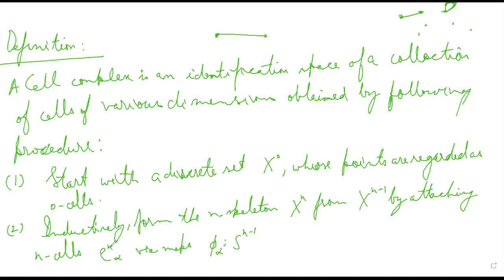The boundary of these n cells will be an n minus 1 dimensional sphere. If you take a closed n ball, its boundary will be the n minus 1 dimensional sphere Sn minus 1. So you map the boundary to Xn minus 1, that is, Sn minus 1 to Xn minus 1.